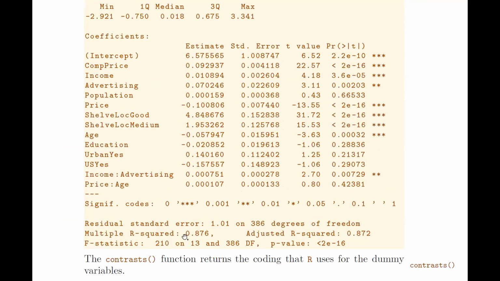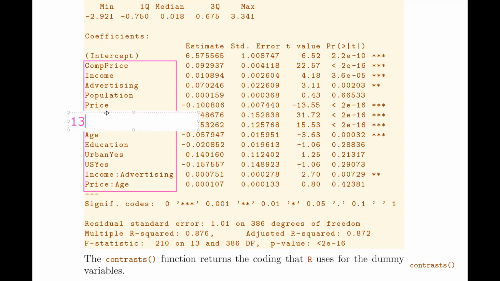But anyway, we had all these, I ignore the intercept, right? We had these predictor variables, 1, 2, 3, 4, 5, 6, 7, 8, 9, 10, 11, 12, 13. There are 13 of them. It's not quite 100 like the book is inviting us to consider.